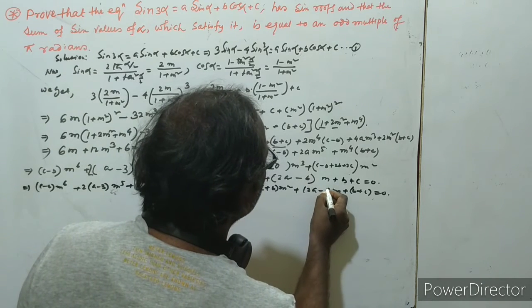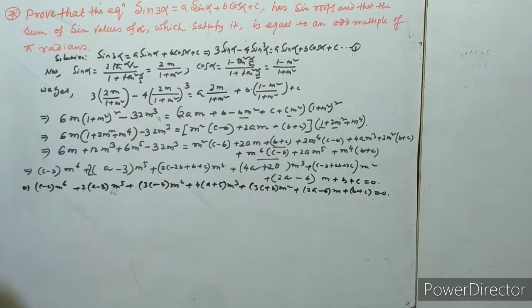Oh, this is 6 into m plus b plus c equal to 0.